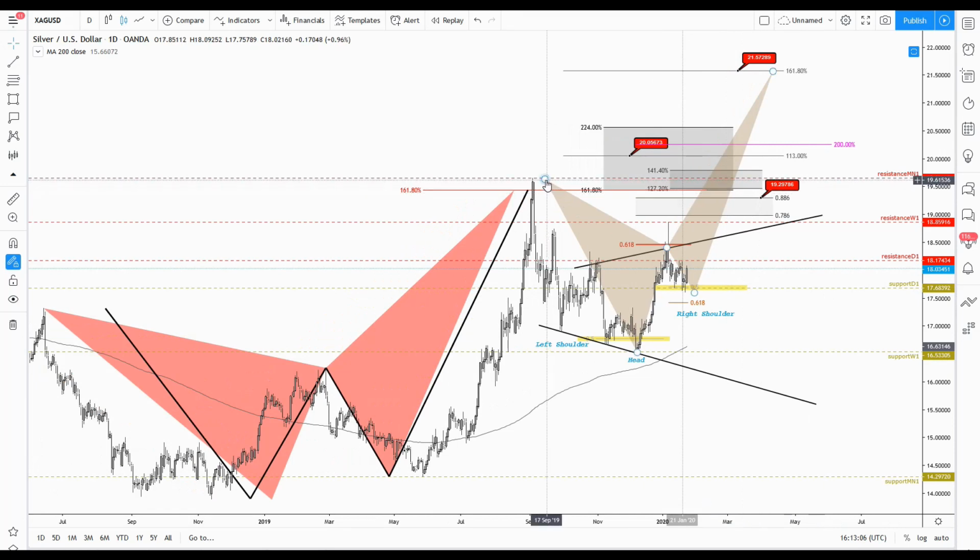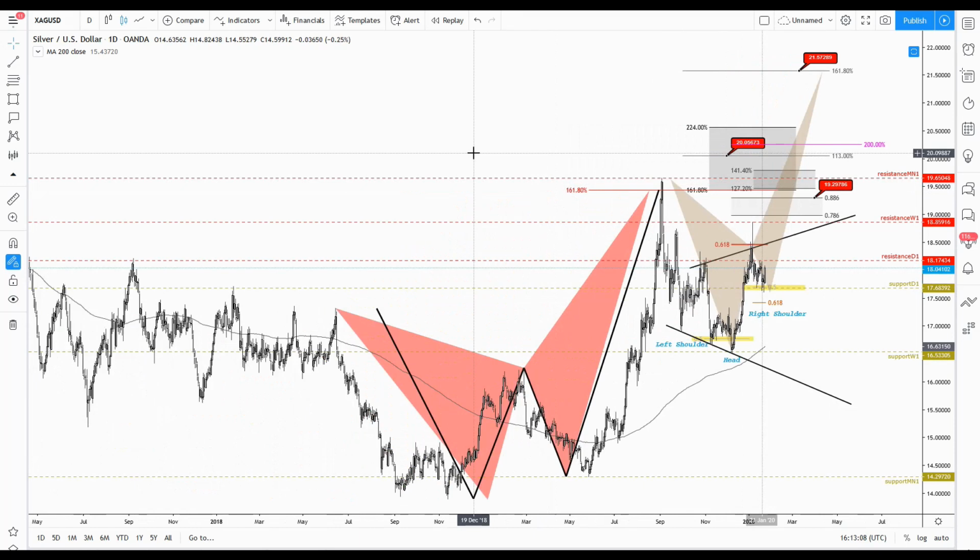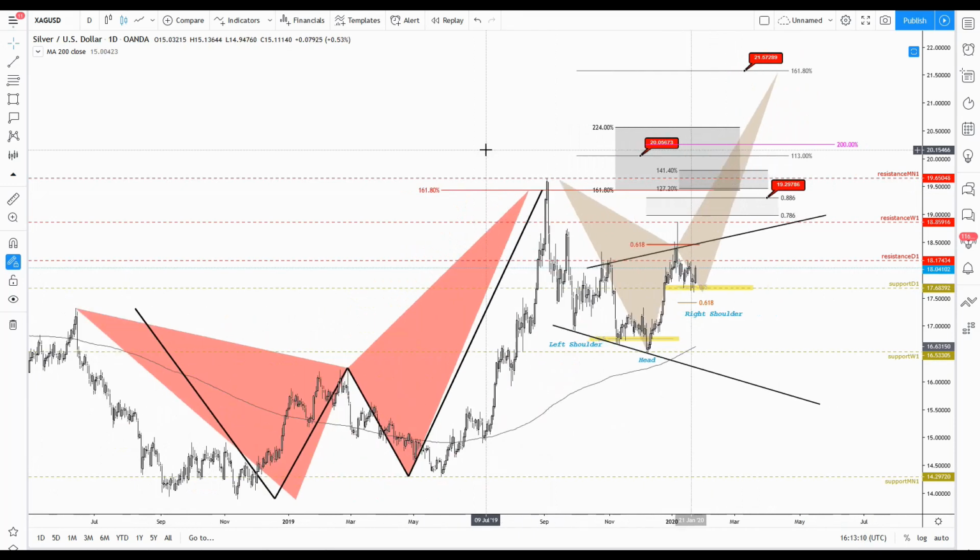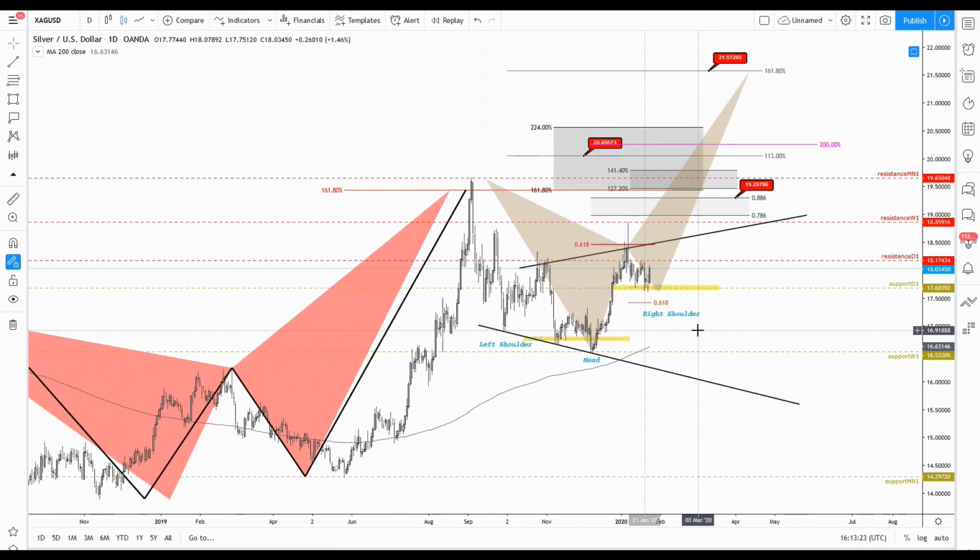So don't rush inside the market. Identify your pattern, measure your risk reward, and if it makes sense to put your capital at risk at that point, just do it with confidence.